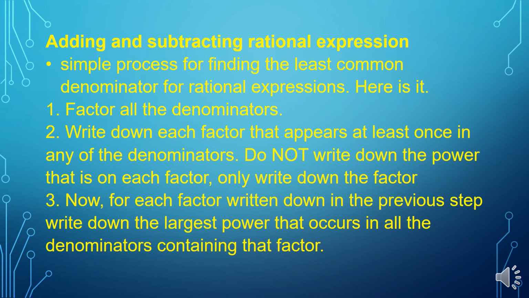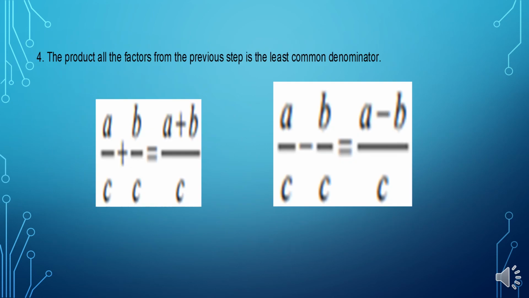Third, write down the largest power that occurs in any of the denominators containing that factor. The product of all the factors from the previous step is the least common denominator.